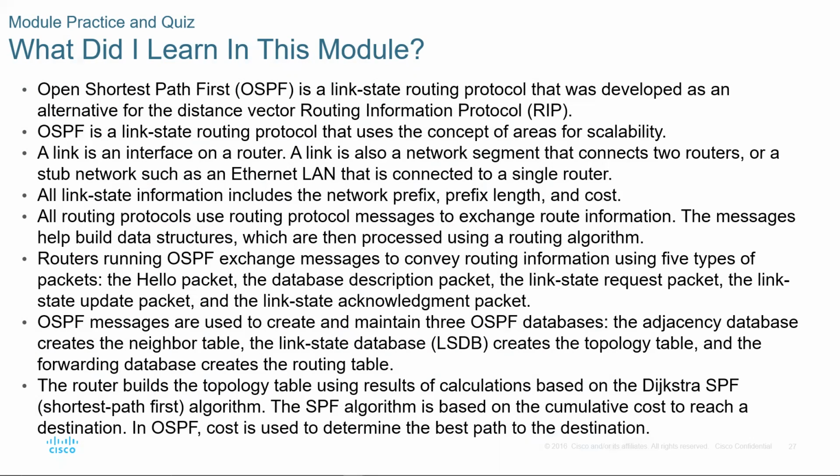And we saw that the Dijkstra shortest path first algorithm is the core of this protocol and is used to calculate the cost to any given destination within the topology.